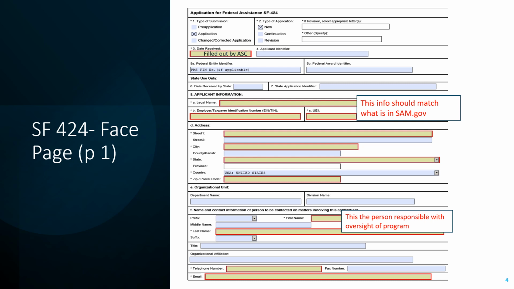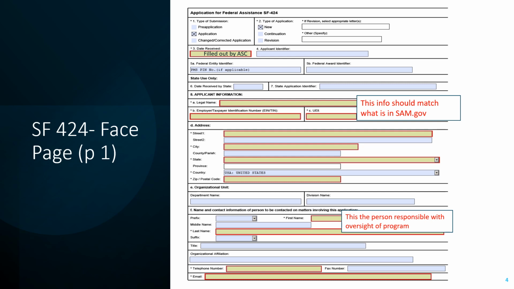For F, you're putting the name of the individual that has oversight of the grant. So if we had specific questions on what was submitted and we'd like to ask clarifying questions, you'll put the name of that person there. This is different from the person that can sign, the signatory official for your organization.